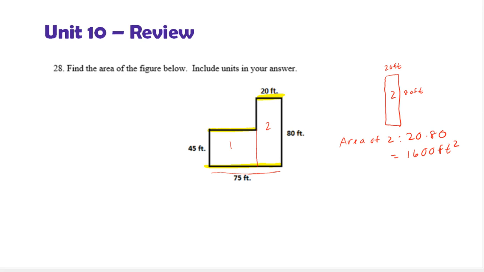I think we did this in another problem. That means this side is 75 feet minus 20 feet equals 55 feet. Okay. So now rectangle 1 would be 45 feet by 55 feet.